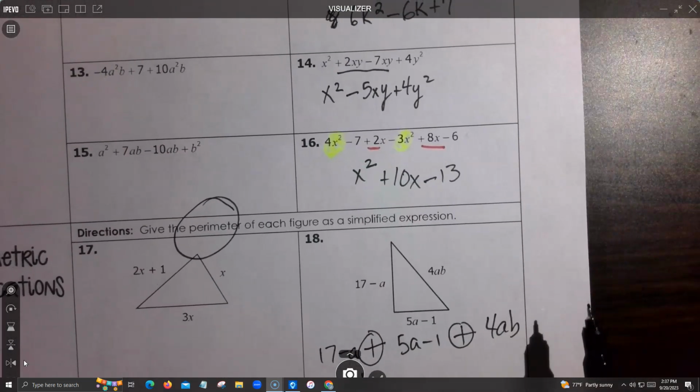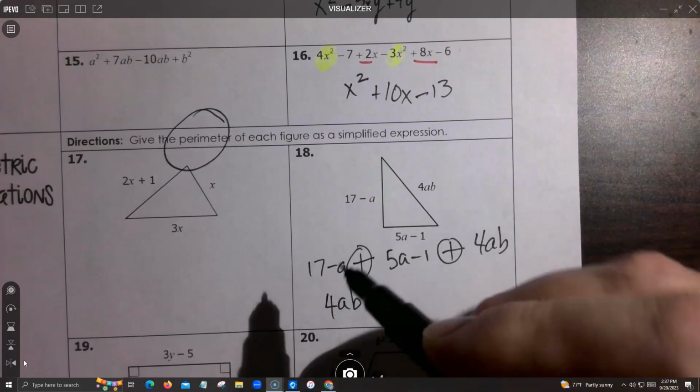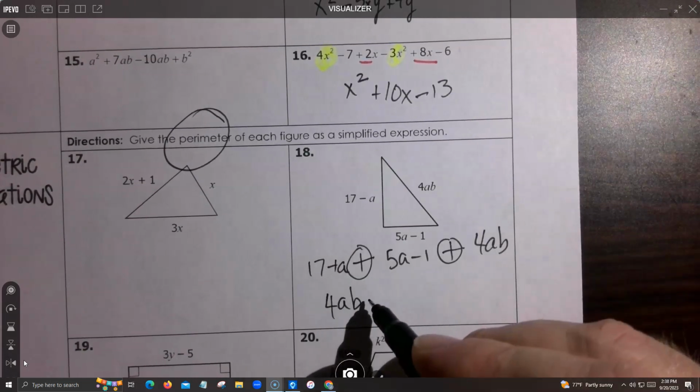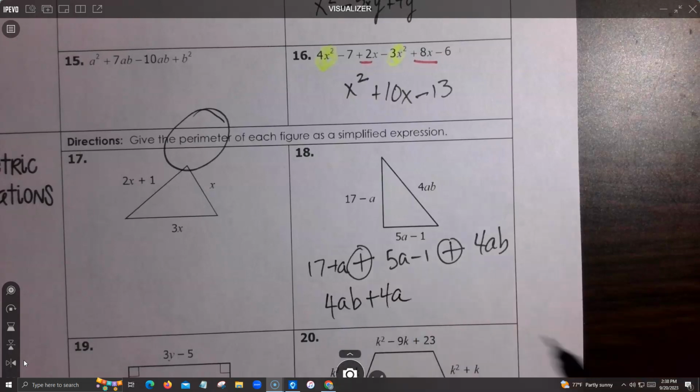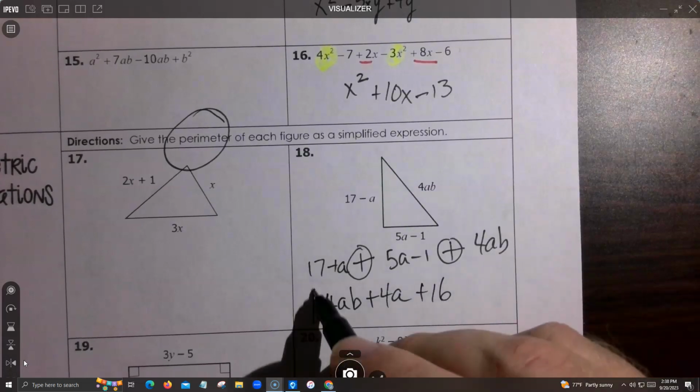We try to list our highest exponent first. All right, and this has got the most going on, so it gets done first. So now I have a negative, remember this is a 1a, so negative 1a and 5a is 4a. Then I've got a 17 and a negative 1, which is 16. And that's the end of this problem.